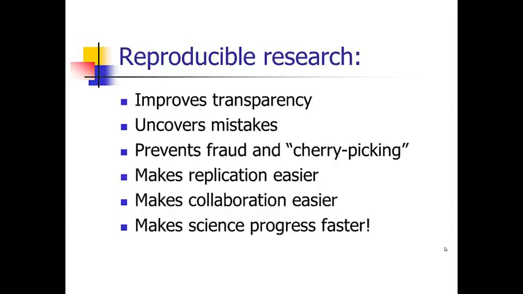That is independent replication, where an independent group can go on and replicate those results. If you know exactly how they analyzed their data and how the method works, that makes it easier. It makes collaboration easier. In general, it makes science progress faster. So there are really a lot of good reasons to support this idea of reproducible research, and you will probably see a lot more of it in the future.